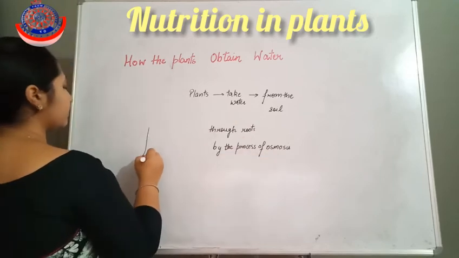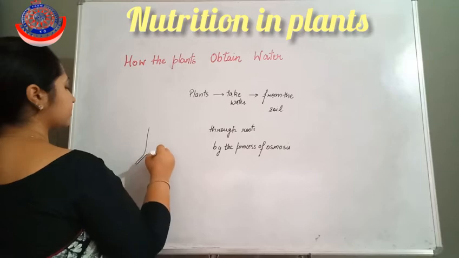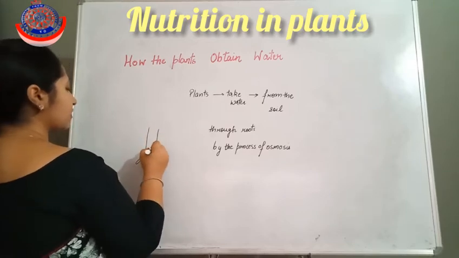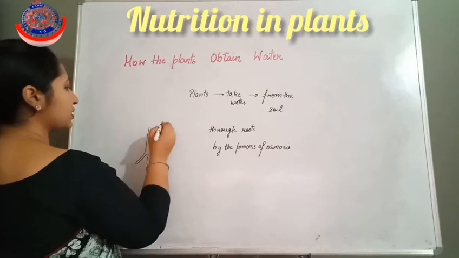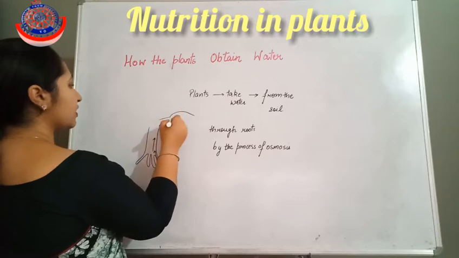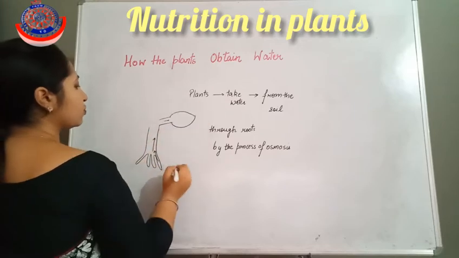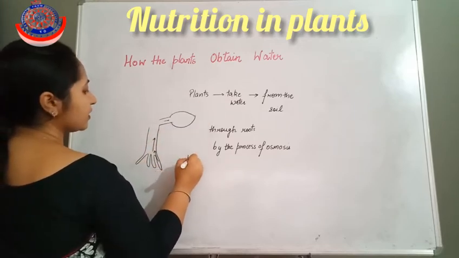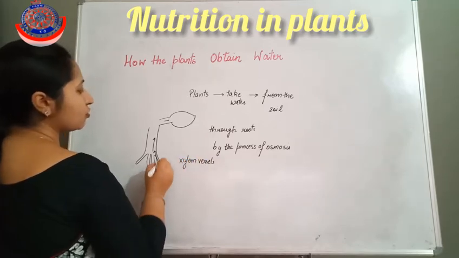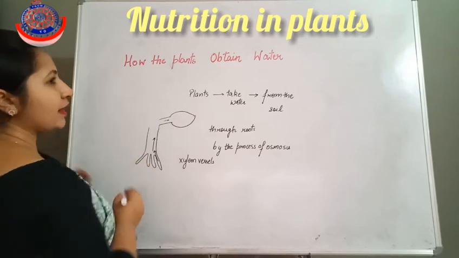Then from the roots, the water is transported to the stem, and from the stem it is transported to the leaves through xylem vessels. These xylem vessels are present in the roots, stem, and leaves.